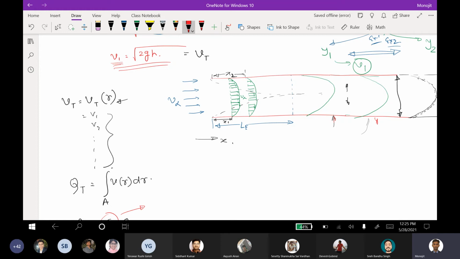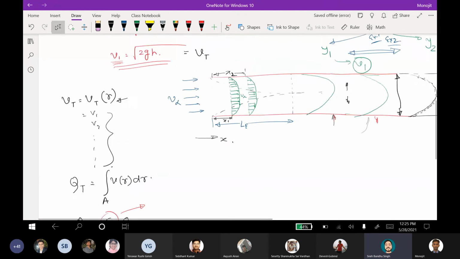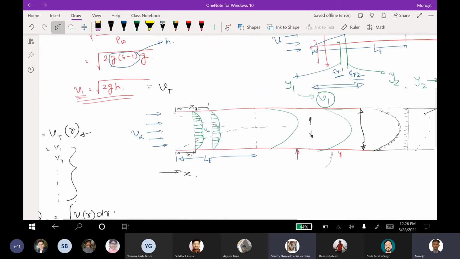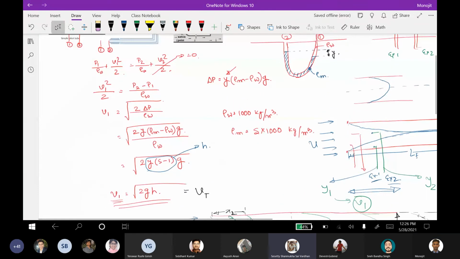Not bad. Anything else? There could be air bubbles in the pitot tube before starting the experiment. Yeah, that we generally remove, so we make it sufficiently clean, so that may not be a cause. There can be a temperature change, which might lead to a change in density.